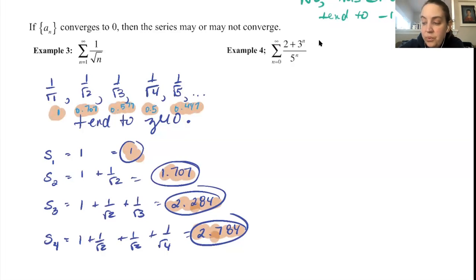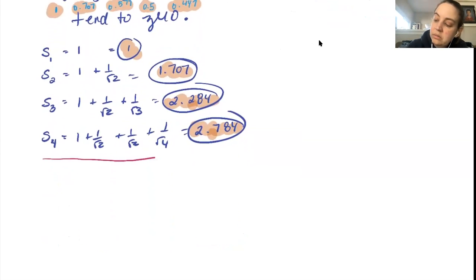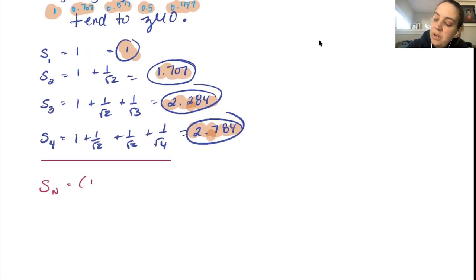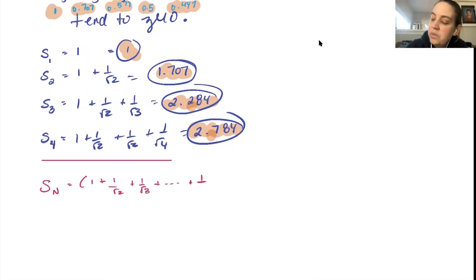There is a bit of a proof that goes along with this one, so I'm going to try to do my best here. If I look at the sum of n terms, it would be equal to 1 plus 1 over square root of 2 plus 1 over square root of 3, fill in all the pieces up to 1 over the square root of n. This value would have to be less than or equal to, now this is the proof part where you kind of make up the other part.